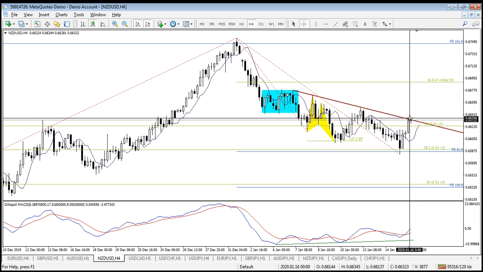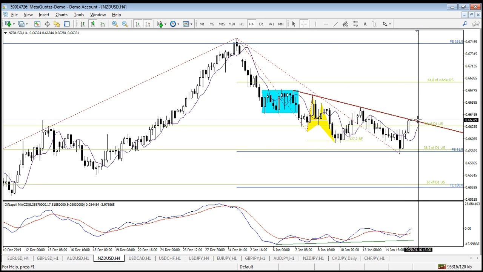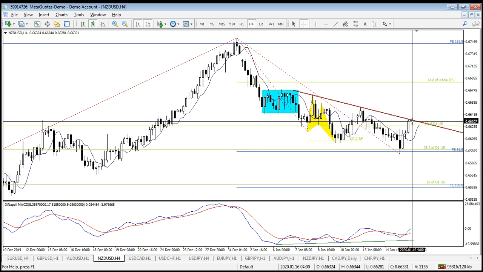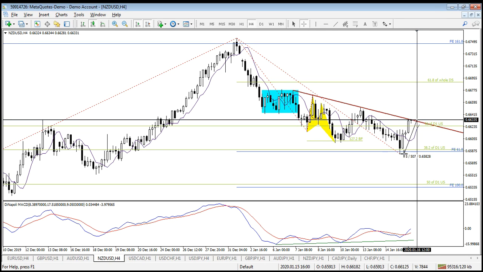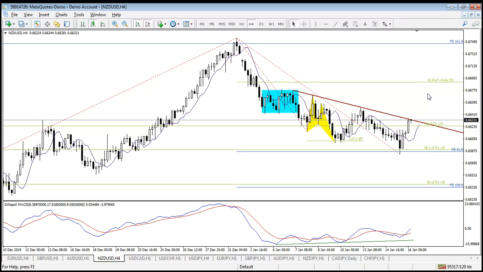So if price, let's say, goes up, comes down to retest this trend line, or at least retest this breakout point, this is 66.33, our stop loss will be 53 pips, and our take profit will be 55 pips. The destination to the upside will be 61.8% of the whole downswing from this area to this area.